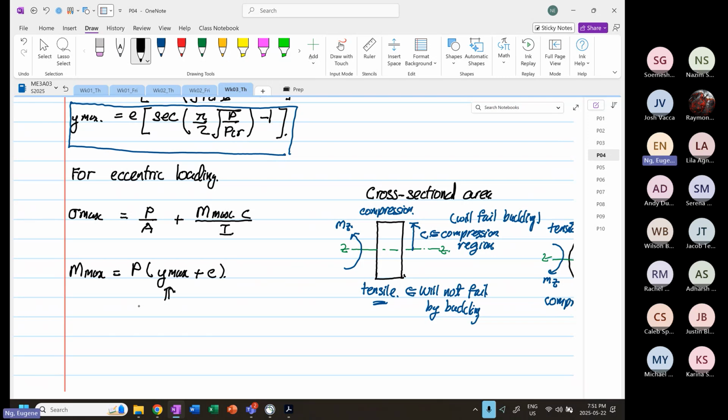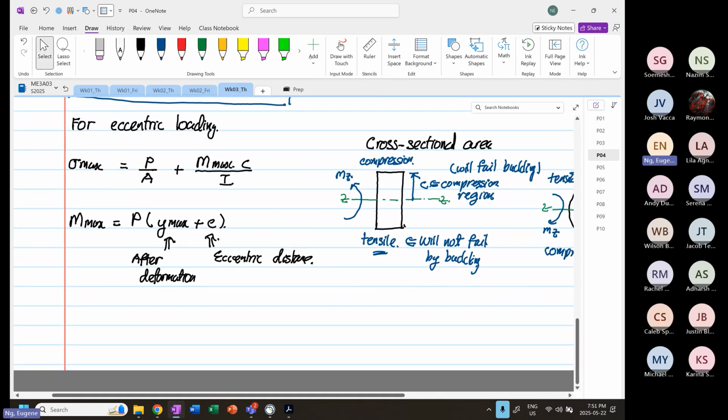The Y max is due to the deformation after buckling. The E is just the eccentric distance.